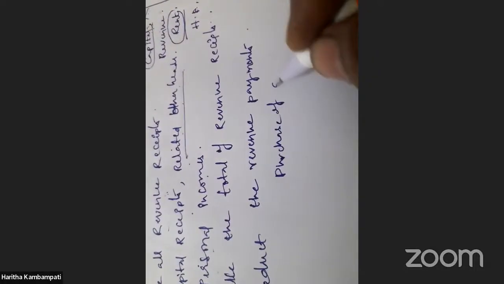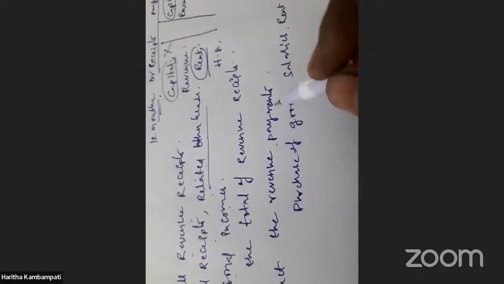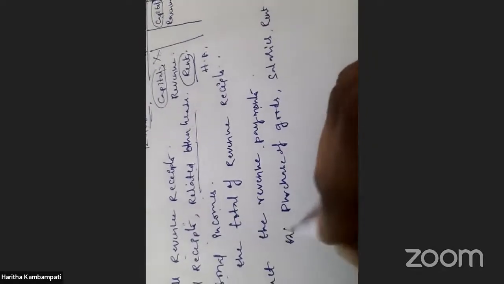Usually purchase of goods as well as materials, and any expenses related to the business like salaries, rent regarding the business, not personal rent, and any stationery, electricity, insurance. So deduct the revenue payments. These are examples; it may be anything which is related to business.